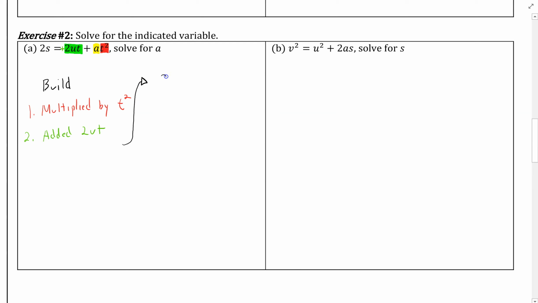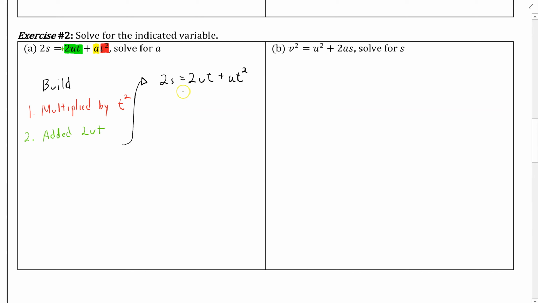So first, I'll write the original problem. 2s equals 2ut plus at squared. So what are we going to do first to unbuild? Well, just like before, we're going to undo in the reverse order. So since the problem last added, we are going to subtract.